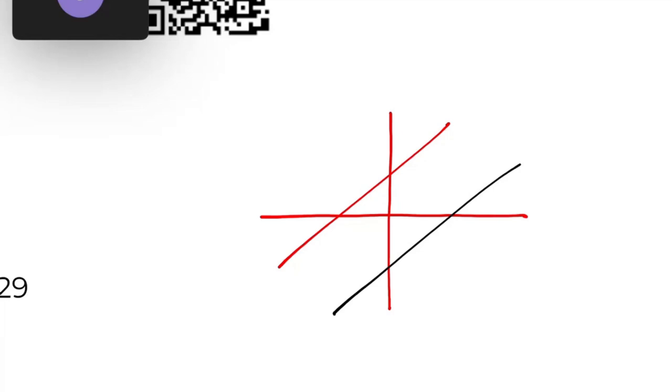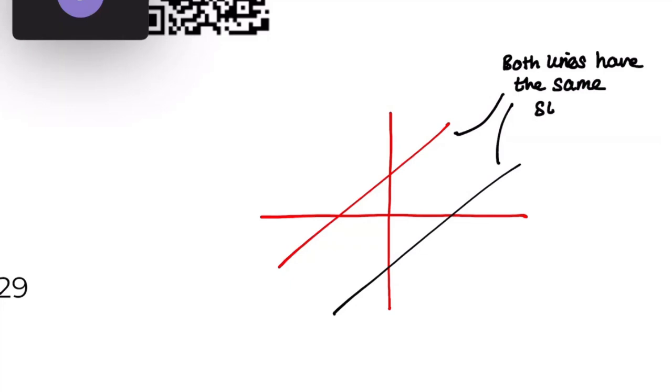And the reason why both of these are parallel to each other is because both lines have the same steepness. The steepness of both the lines is the same. That's why you would say that both of them are parallel lines.